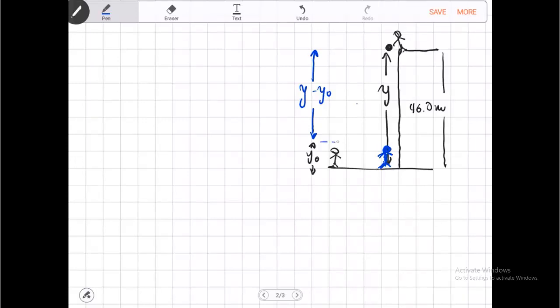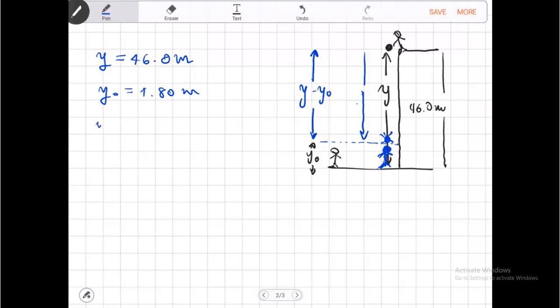All right, at this point the egg is hitting the professor's head. So this is the distance that the egg has moved, all the way down. That's y minus y0, okay. We remember that y is 46.0 meters and that y0 is 1.80 meters.